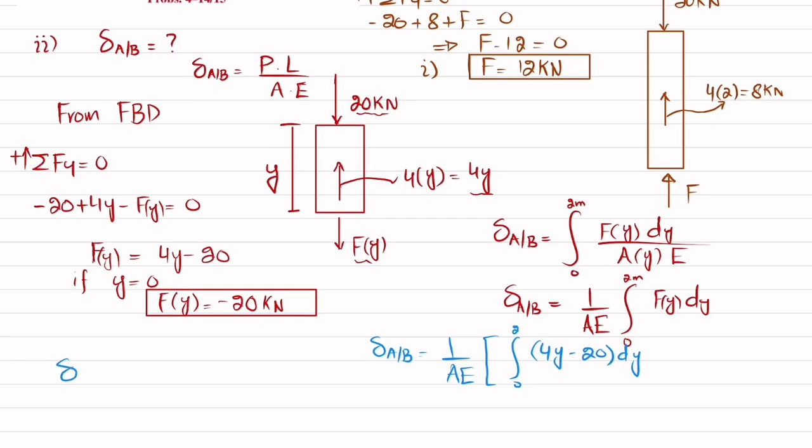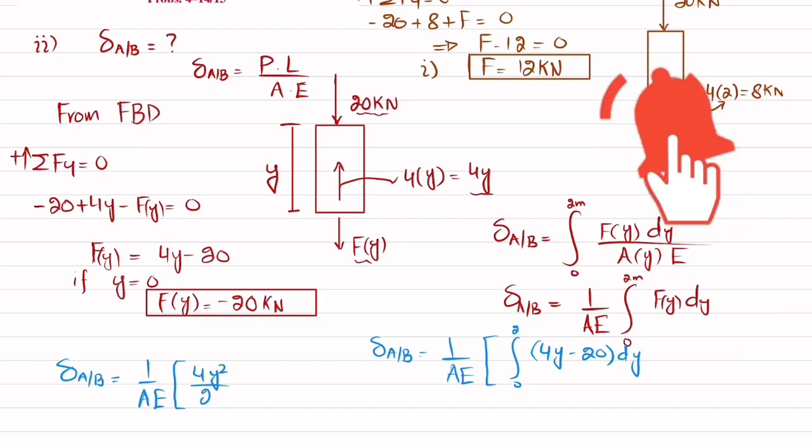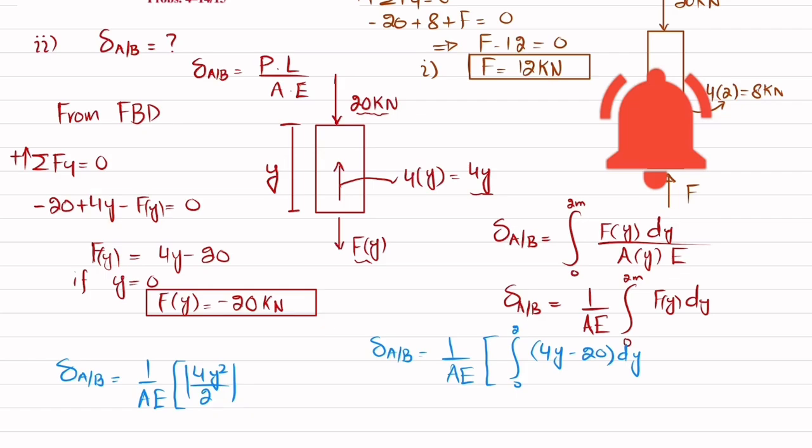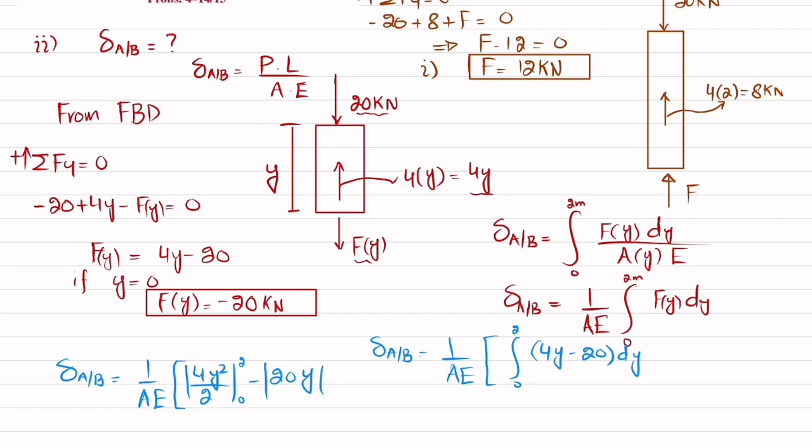So you will get the displacement of point A with respect to B is 1 over AE, and we are left with the integral of 4y, which is 4y square over 2, with limits 0 to 2, minus 20 into y, with limits from 0 to 2.